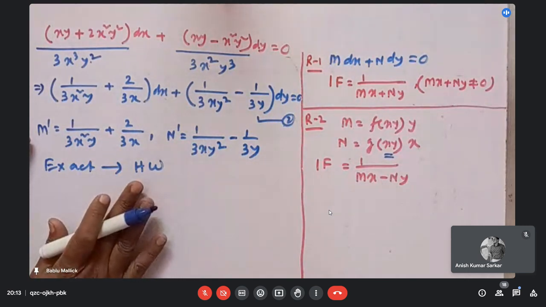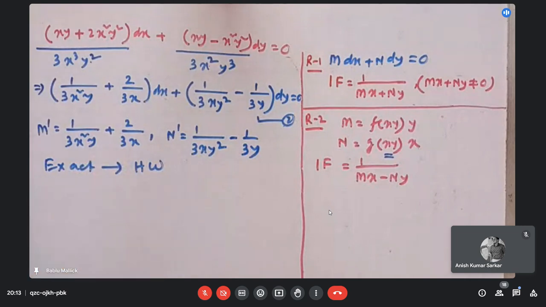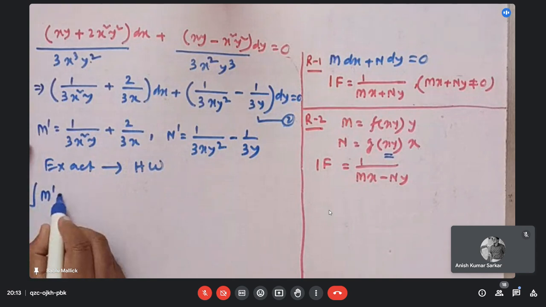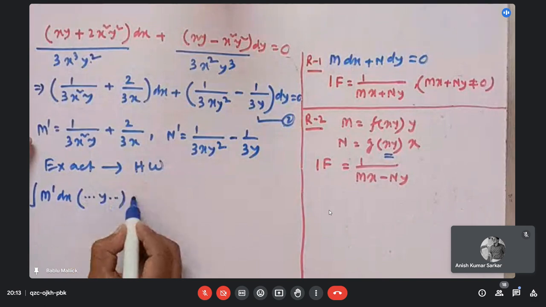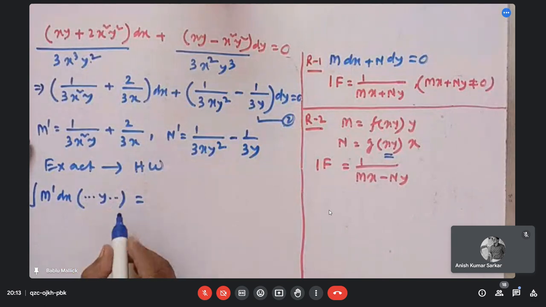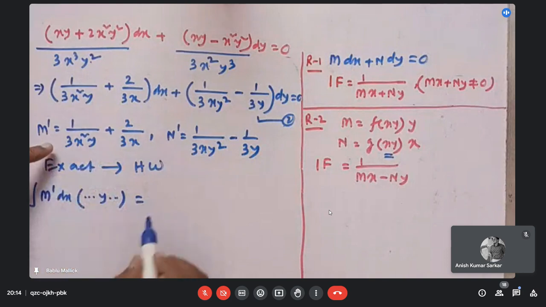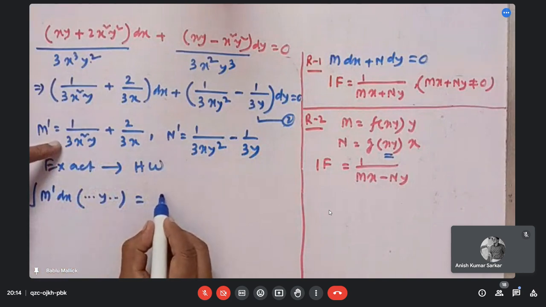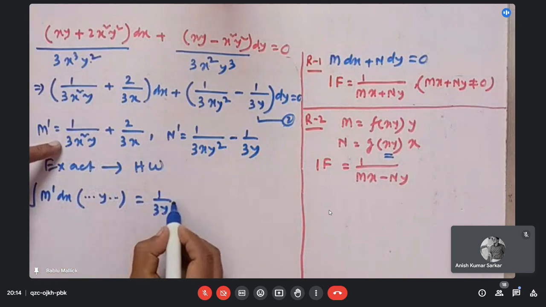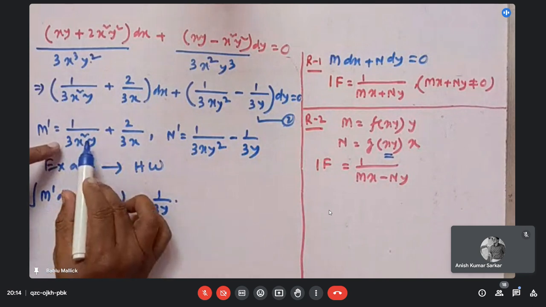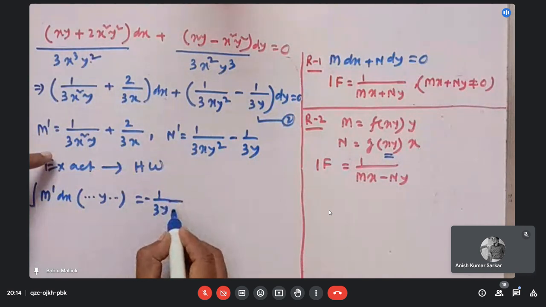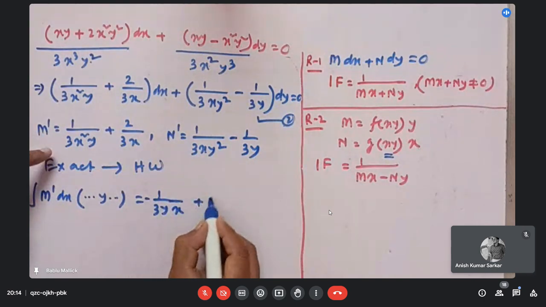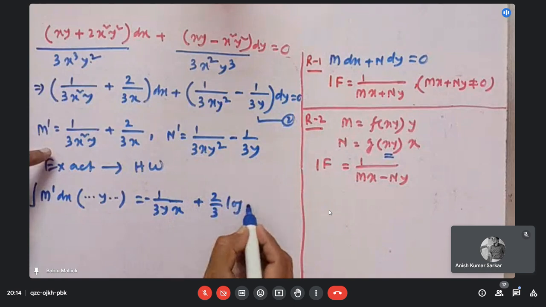Now, after getting exact, now we can solve it. Integrating M dash dx, taking y as constant: y is constant, so its integration is 1 by 3y constant, integration of 1 by x² is minus of 1 by x, plus 2 by 3 into log x.